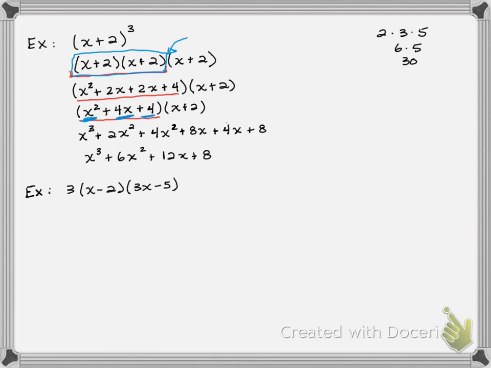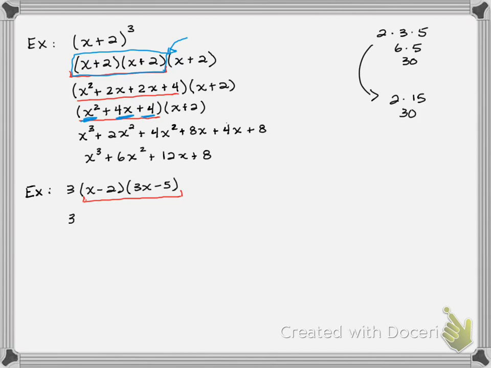Like over here when we did 2 times 3 times 5, we could have done 3 times 5 first. Right, the order that you multiply in doesn't matter because it's commutative and also associative. So my general rule when I multiply 3 factors is to multiply the ones that are most alike first. It cuts down on the distributing. So if I have 2 binomials and a monomial, I'll multiply the binomials first and then distribute the monomial.